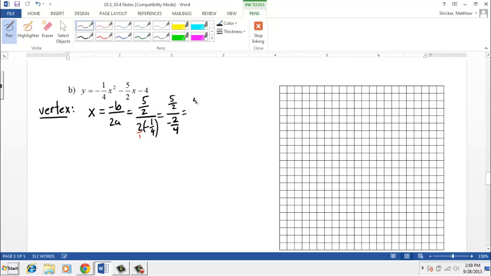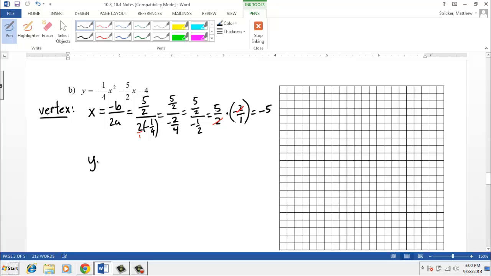This can be simplified to 5 halves over negative 1/2. Instead of dividing 5 halves by negative 1/2, we can multiply by negative 2 over 1, which the 2's cross cancel, and we end up just getting negative 5. So x is negative 5.